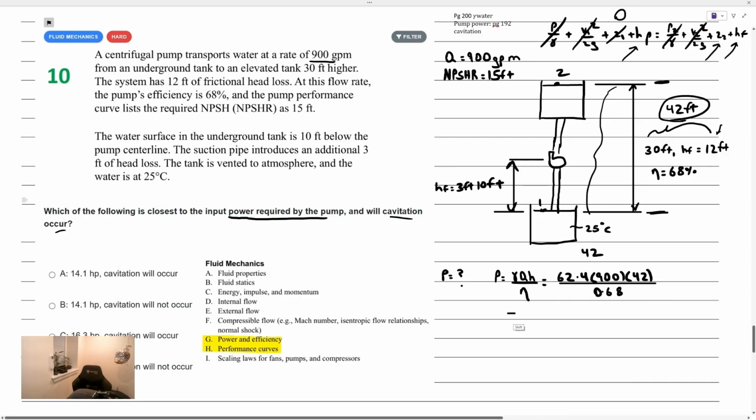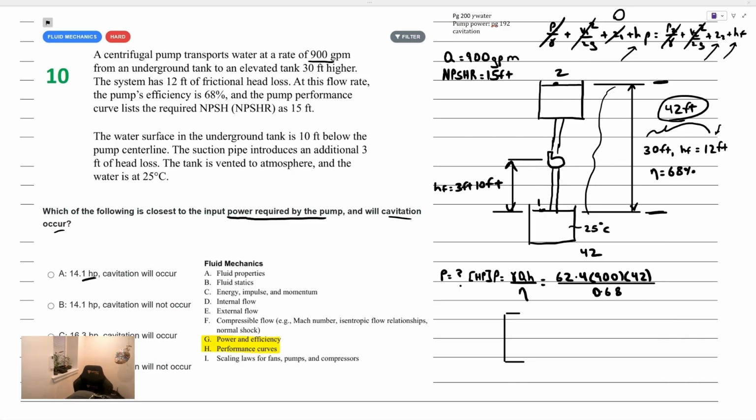If we think about some of the units here, what we see is that the specific weight is pound force per cubic foot. The volumetric flow rate is gallons per minute. The head is measured in feet. We know we're definitely going to have to convert that gallons per minute to cubic feet per second.